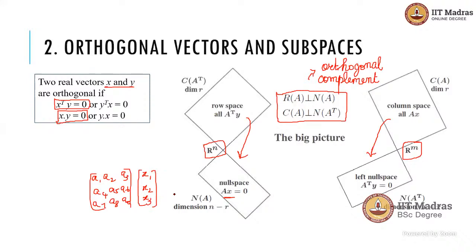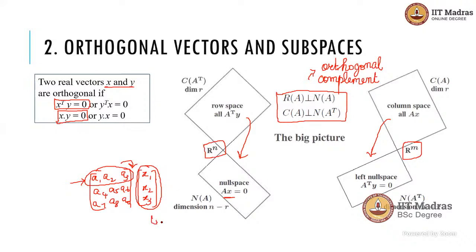Now, what is the product here? How will you take this product? This row is multiplied with this column vector. So you are multiplying this row with the vector, and that is how the dimension is also Rn.